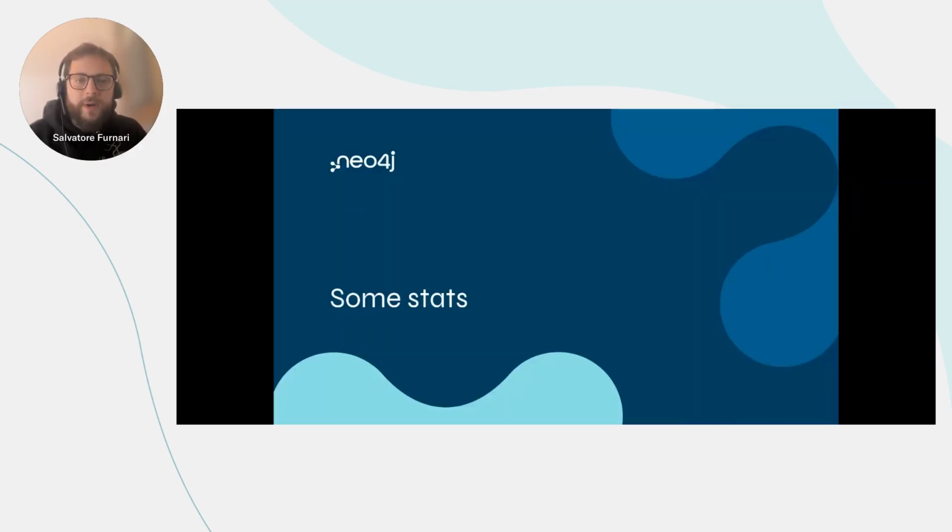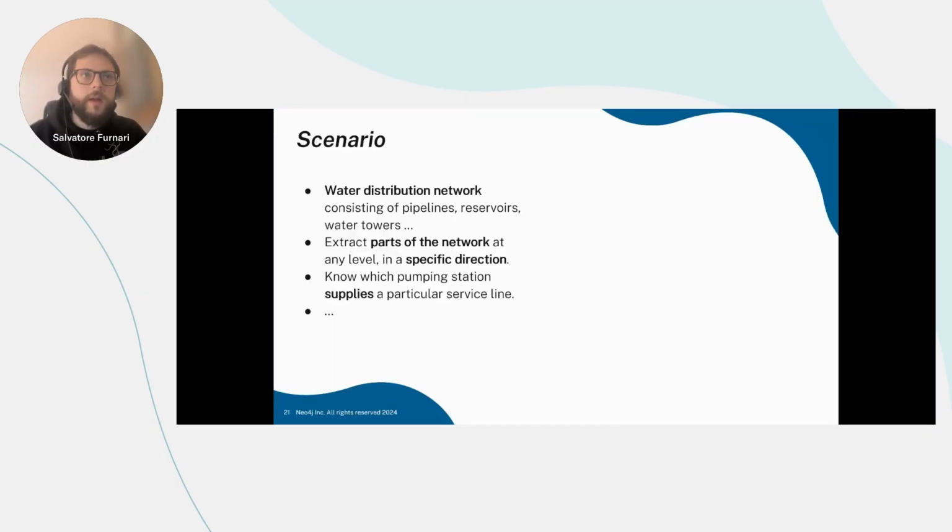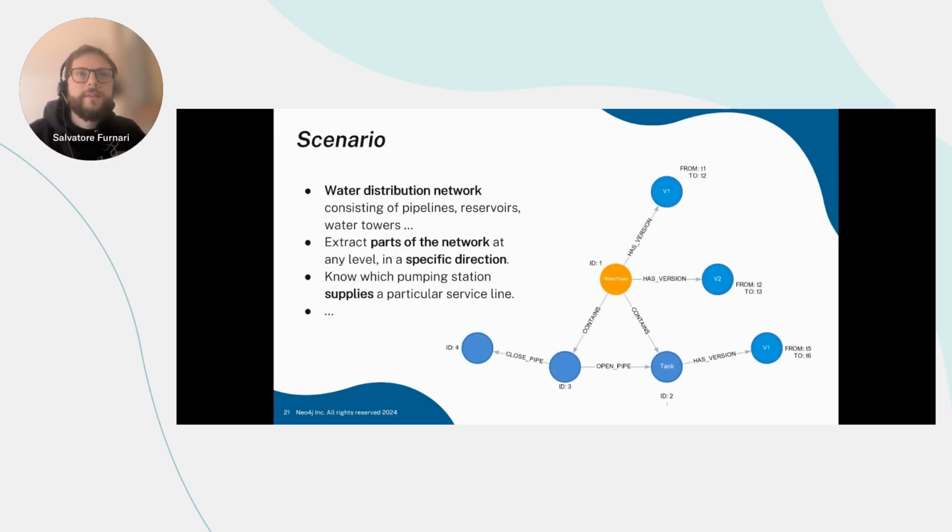So in the last part of this session, I'd like to give you some numbers. We have a water distribution network, consisting of pipelines, reservoirs, water towers, and so on. Here, the network operator, the owner of the network, wants to extract the data.